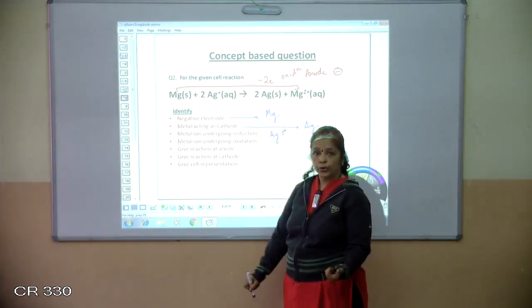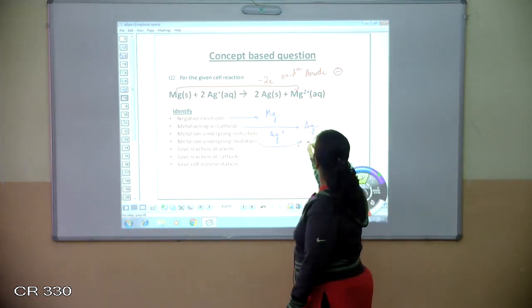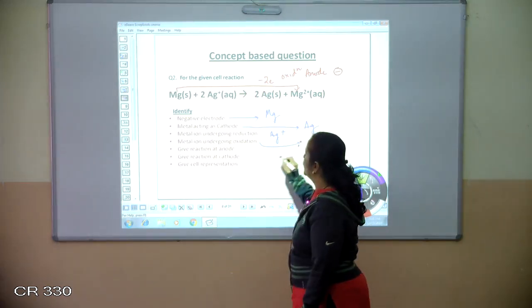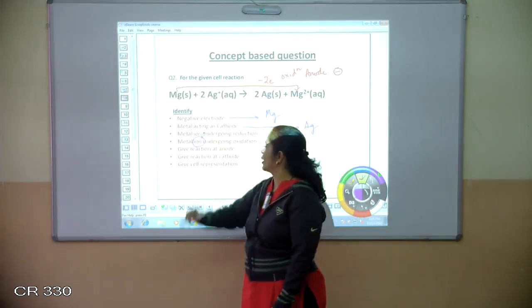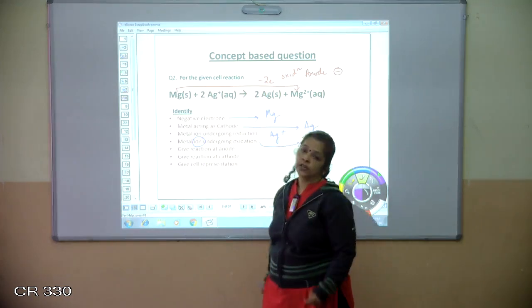Metal ion undergoing oxidation. The metal ion undergoing oxidation would be, it won't be a metal ion. There's a wrong framing of the question. The metal undergoing oxidation would be magnesium. Give the reaction at the anode.